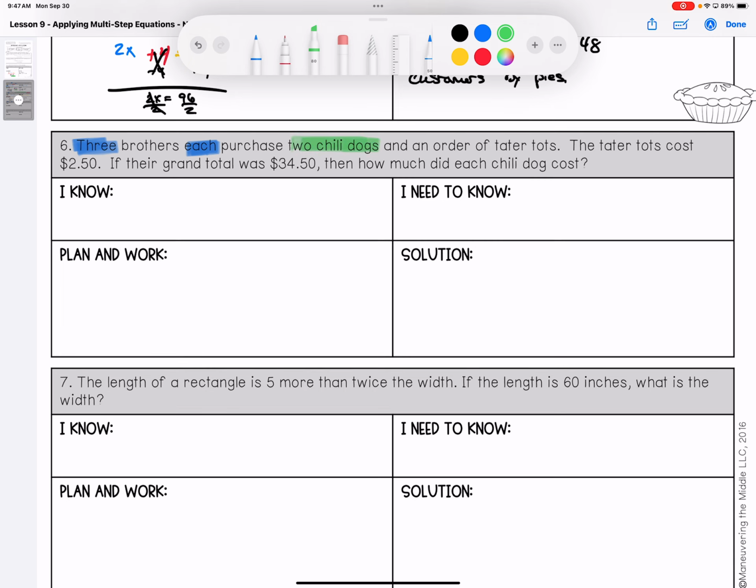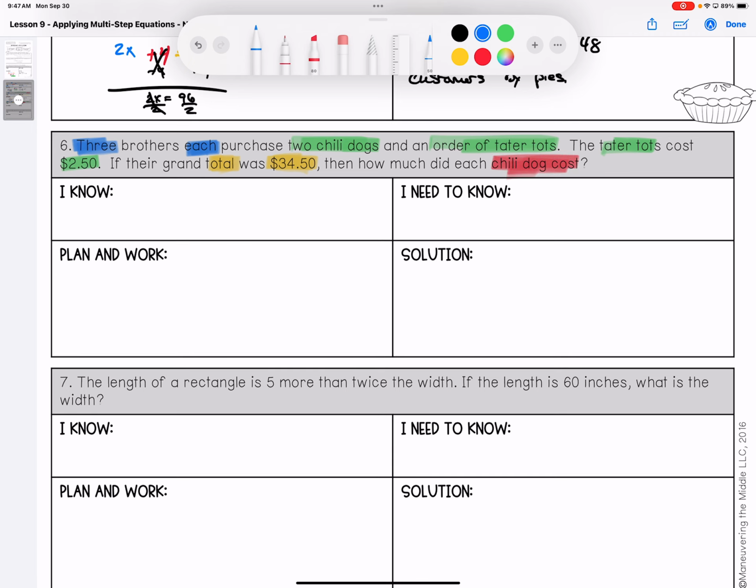They bought 2 chili dogs and an order of tater tots. They must have went to Sonic. The tater tots cost $2.50. We don't know the chili dogs because it doesn't tell us, but it does tell us the total. And then we need to know the chili dog cost.